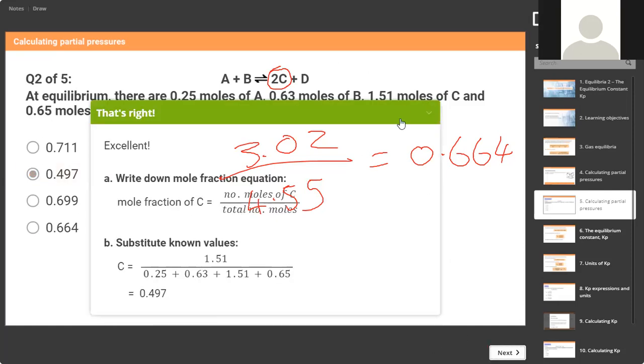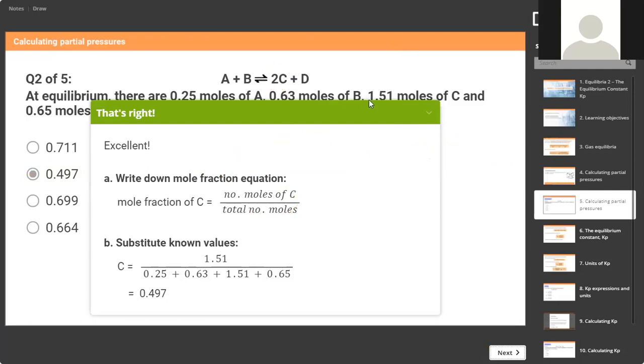Right, we didn't need to double C, so I made a silly mistake there, which was my own fault. So what I did was I doubled C as 1.51 because I was like, oh, there's 2 lots of C, but obviously that's just the even ratio. When we're looking at partial pressure of gases, we don't need to take that into account. That was me being a bit silly there.